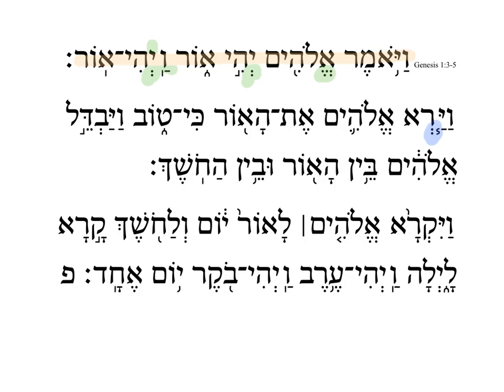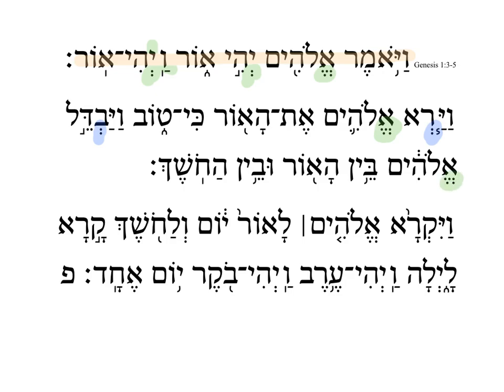Then there's the Elohim with a vocal Sheva. Then we have the silent Sheva in Vayavdel, and it's silent because it comes after a Patach, which is a short vowel.